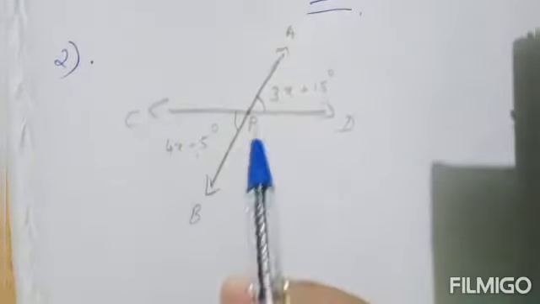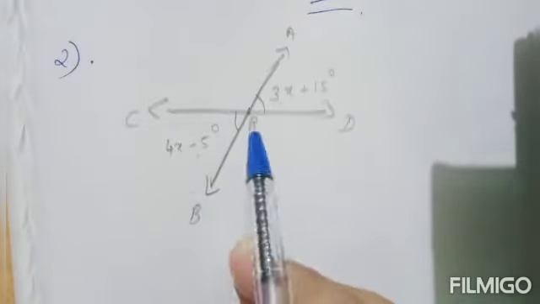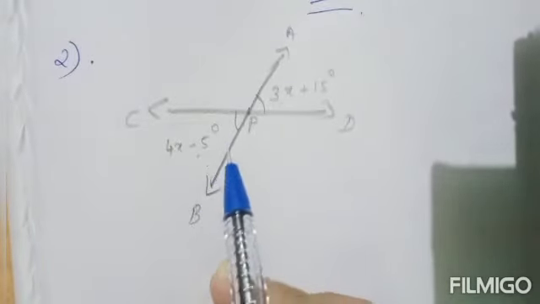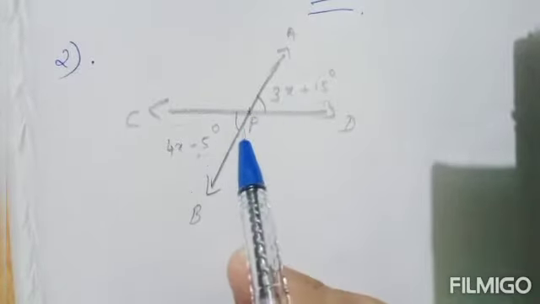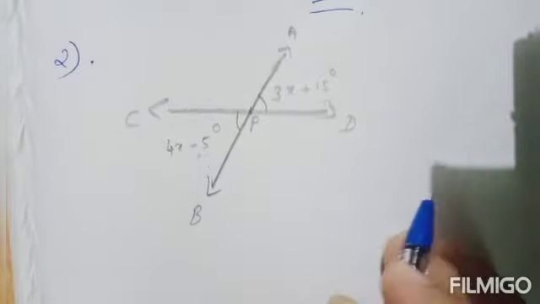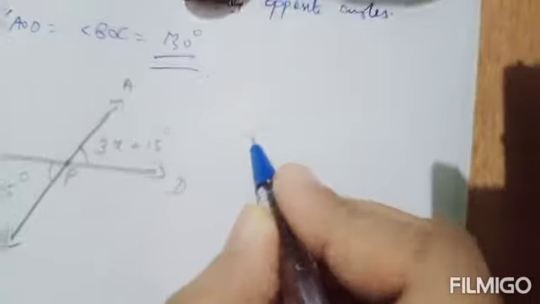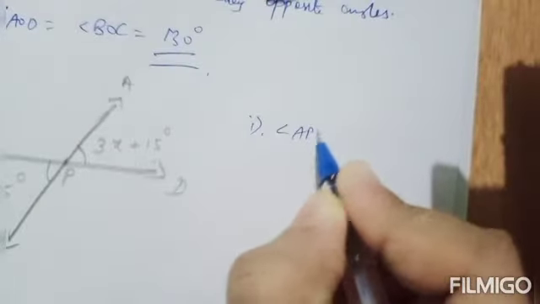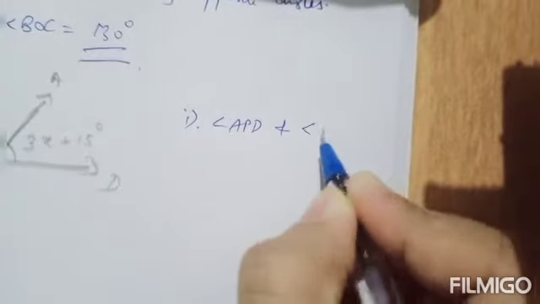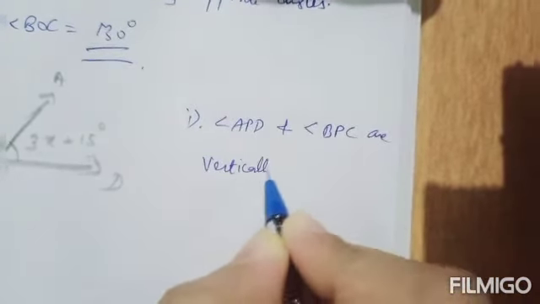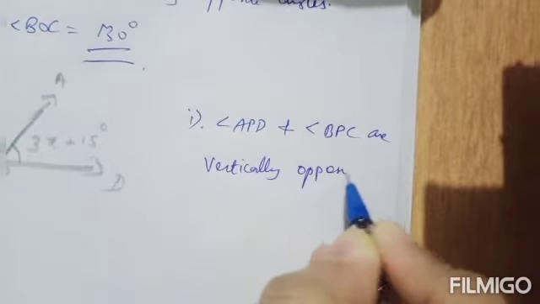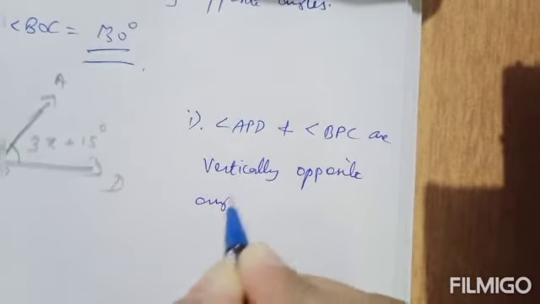So here angle APD and angle BPC, you can see from the figure they form vertically opposite angles. So since angle APD and angle BPC are vertically opposite angles, they are equal.